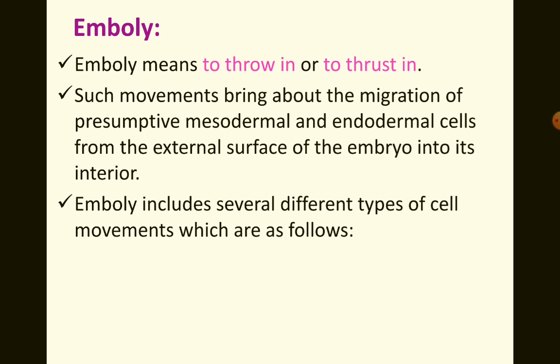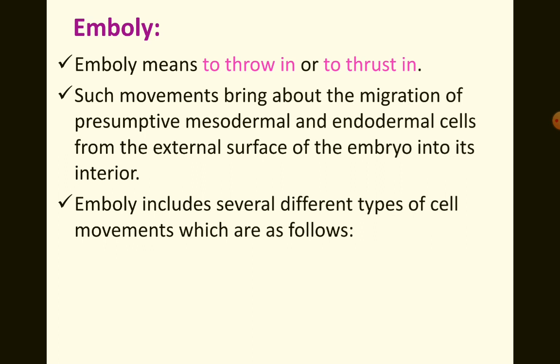So these mesoderm and endoderm cells, which are towards the surface now, have to move inside the blastula and occupy their destined places, so that as and when neurogenesis and organogenesis take place, they will give rise to the concerned organs. This is the basic principle of emboly.